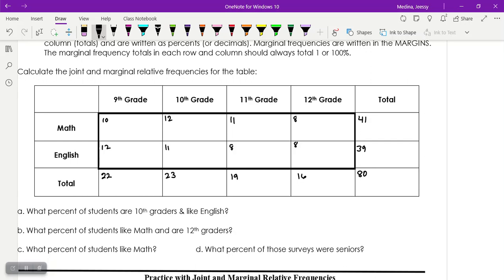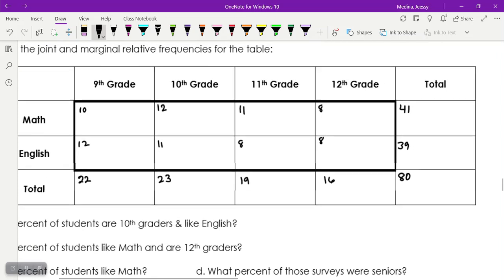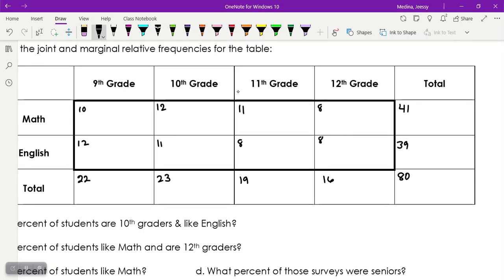We're going to create a relative frequency table. When you're doing a relative frequency table, we have to divide by the total. So all of these numbers have to be divided by 80. Every single one of them. This is why software and programs are really nice, because they don't have to do this repetitive work.